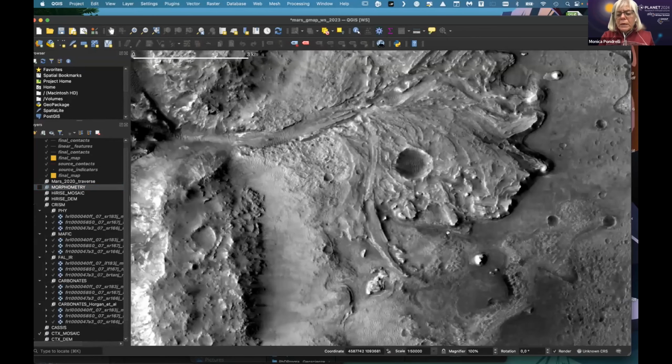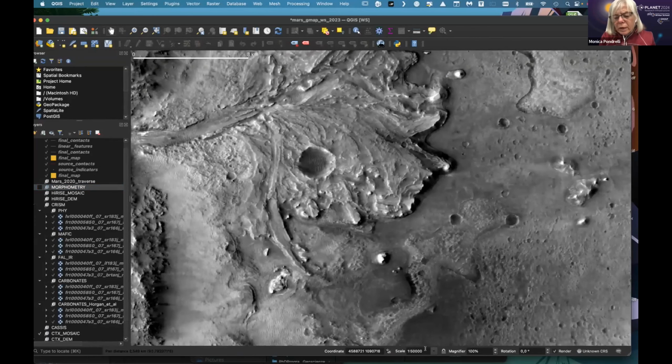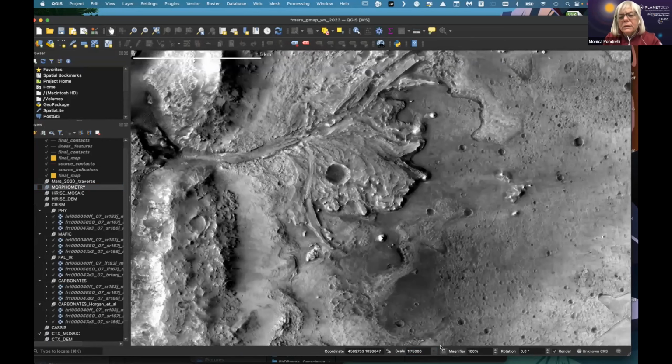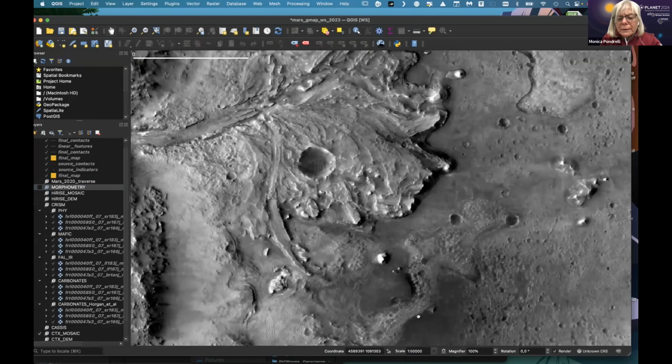For me, this is a good scale for my screen, 1 to 50,000, but also 1 to 75,000 is not bad, even if maybe it's difficult to draw. 1 to 50,000 is better. It looks like you have more job to do, but actually you will be more precise and it will be easier to do that. So I would stay in a scale which is more or less this one.